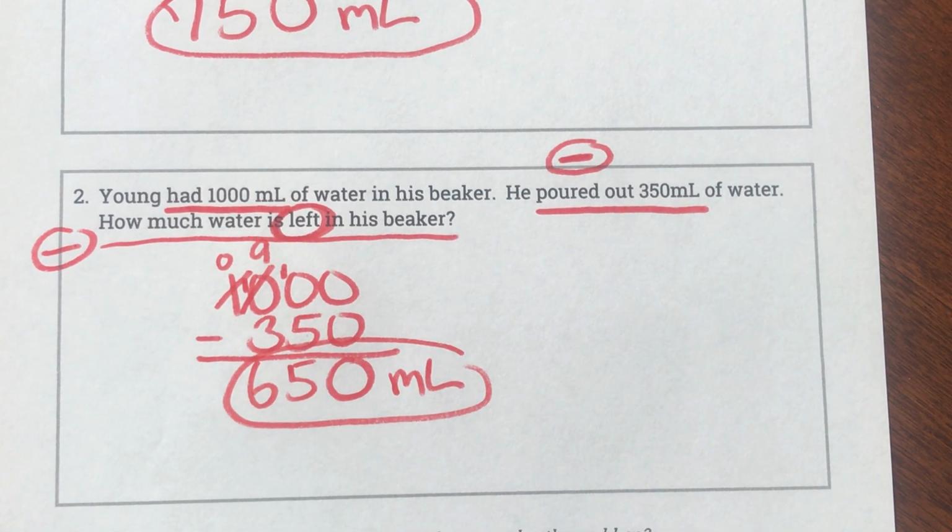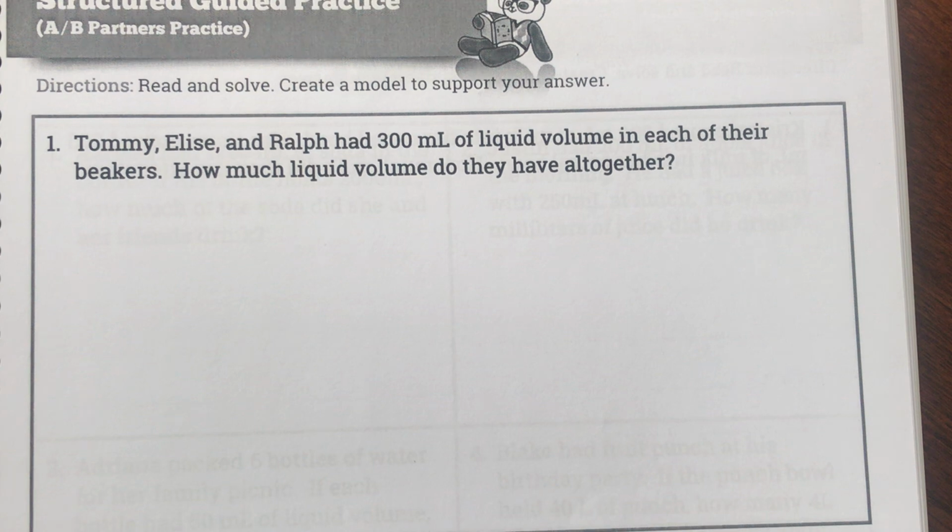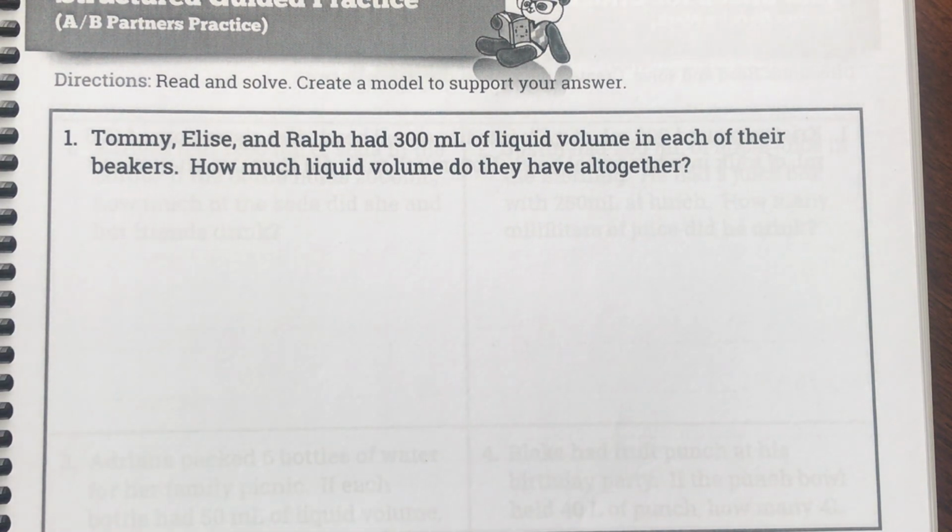Okay, so boys and girls, let's try some of these together. We are on page 172, and here is our first problem together. Tommy, Elise, and Ralph had 300 milliliters of liquid volume in each of their beakers. How much liquid volume do they have all together? Okay, so what do we see here?